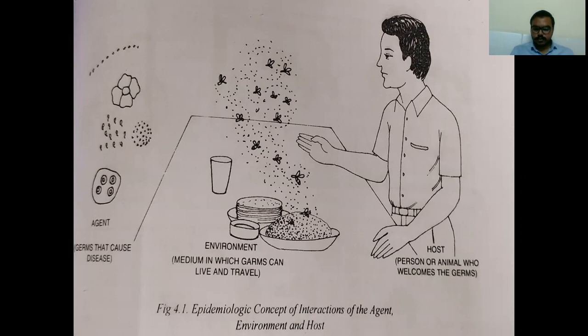Okay, so being infected is the last stage. The agent reaches us through the environment, and the last result is we get infected by the virus.